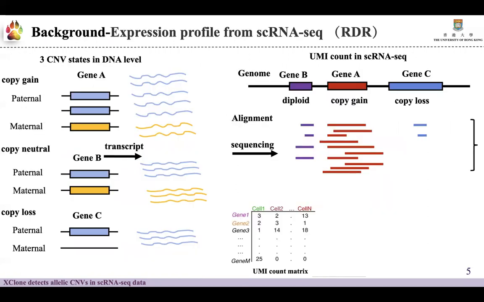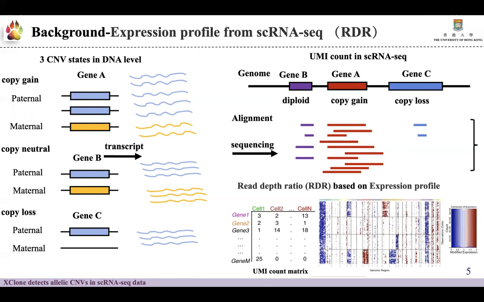It is intuitive to infer DNA copy number events from RNA sequencing because the gene expression level can provide depth information. For a copy gain, we expect more transcripts than the normal state, and for a copy loss, we expect fewer transcripts than the normal state.